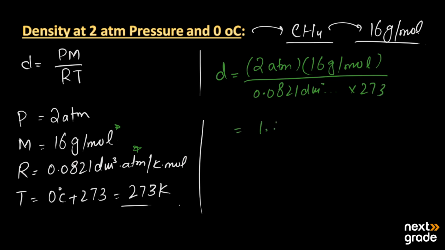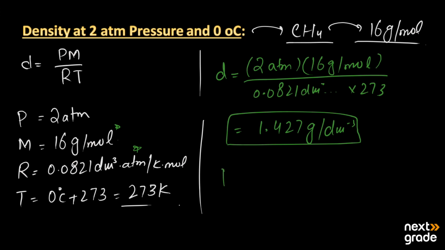The answer is 1.427 gram per dm cube. So when the pressure increases, the density also increases. It means there is a direct relation between pressure and the density of the gas.